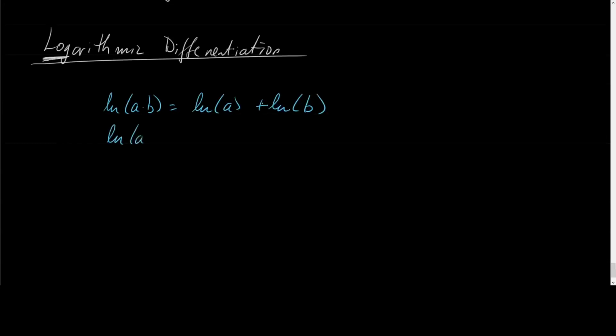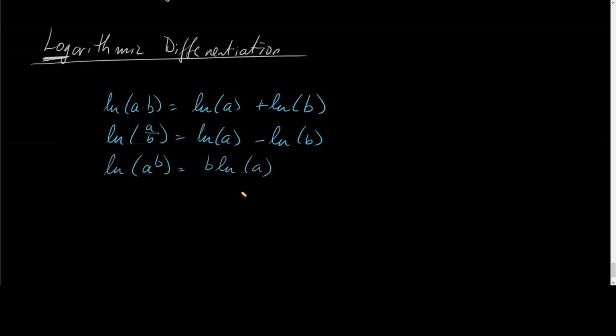First I want to remind you of the rules of logs, and I'll do them with ln. ln of a times b is ln of a plus ln of b. ln of a over b is ln of a minus ln of b, and ln of a to the b is just b ln of a.